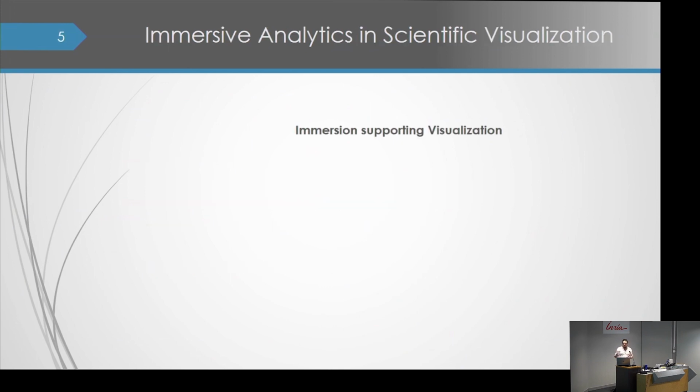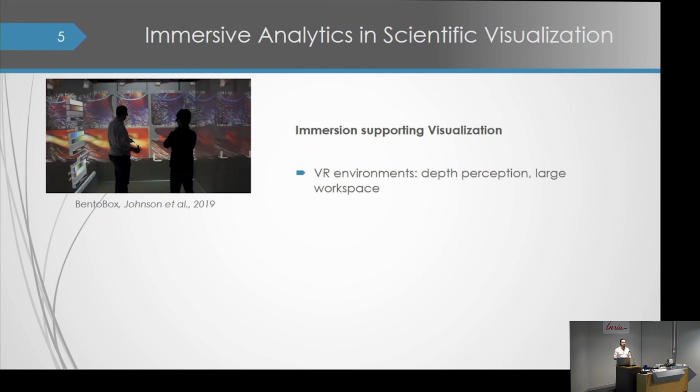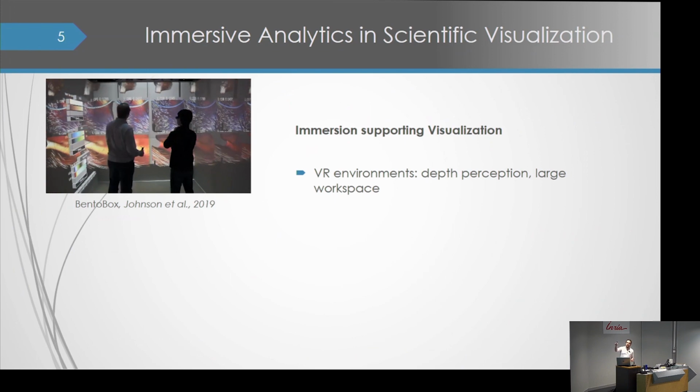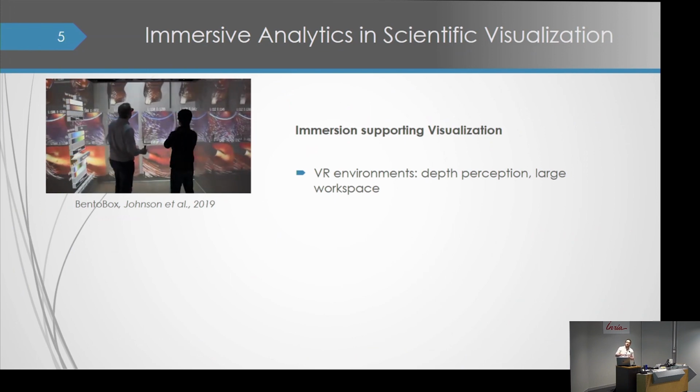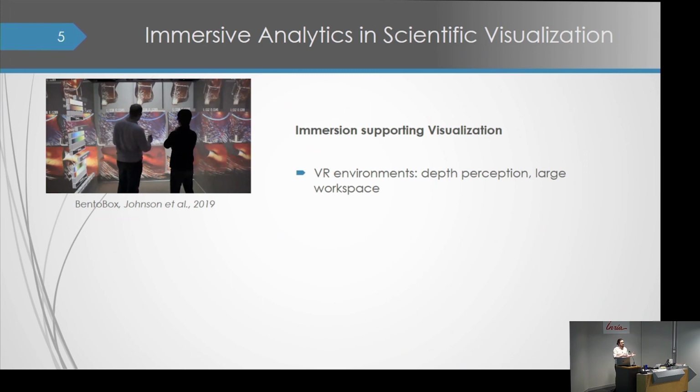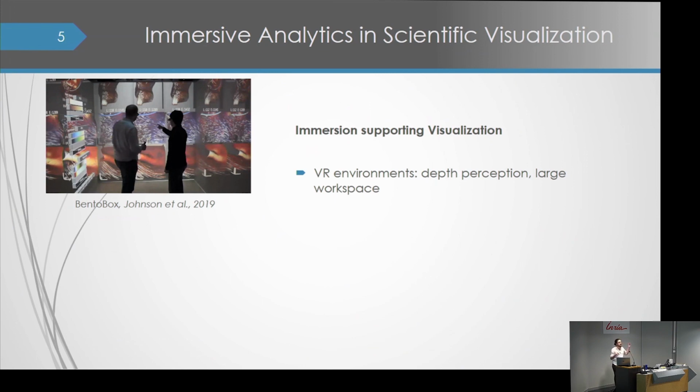Then to approach these 4D objects, we got interested in methods from the field of immersive analytics. Basically, it's a field that involves immersion techniques to support visualization. The first main benefit is about the use of VR environments, which provide increased depth perception and a very large workspace. So for example, in this video, the users can visualize complex volumetric shapes, the volumetric structure, and use the large workspace to display several instances with different parameters in order to have a larger overview of the datasets.